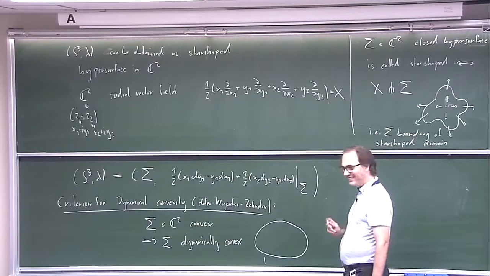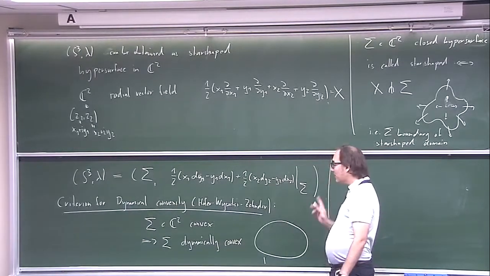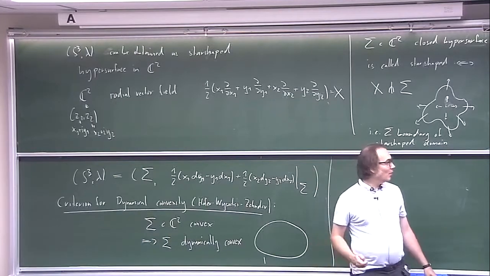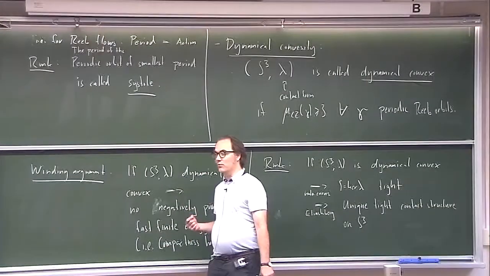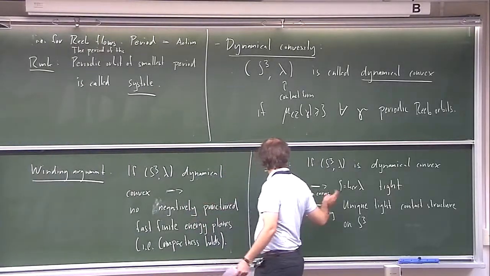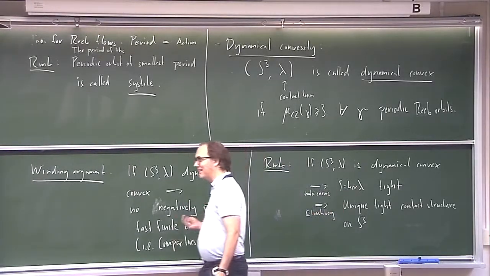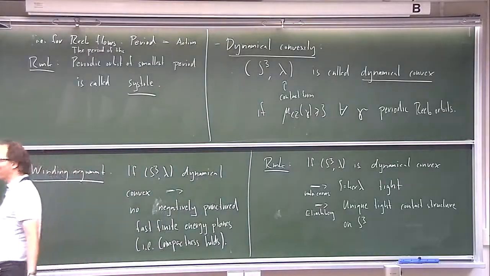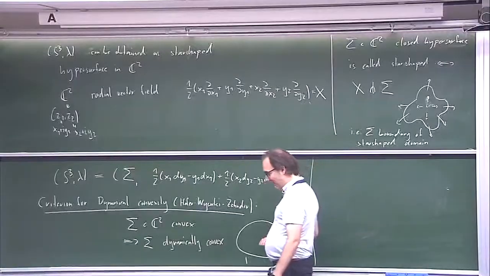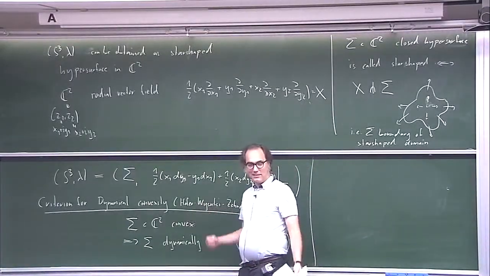Good. First note that the notion of dynamical convexity is a symplectic notion, because you just need to compute Conley-Zehnder indices, and these are symplectically defined.